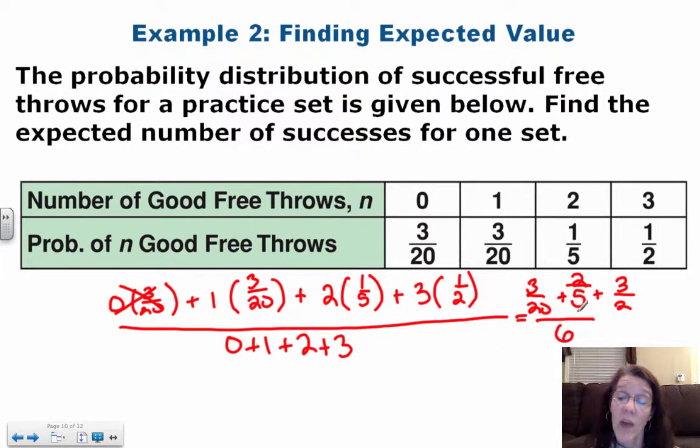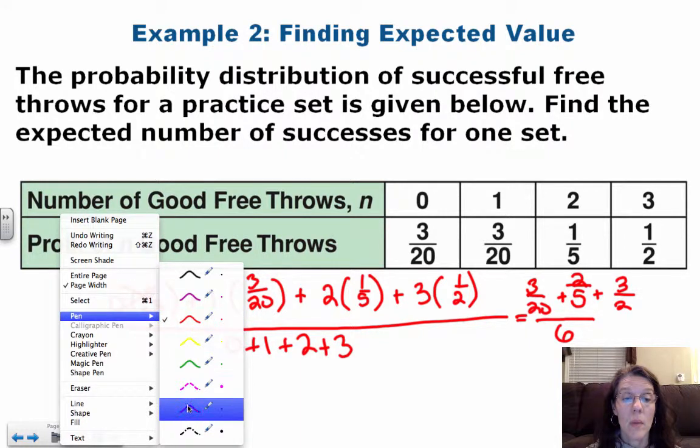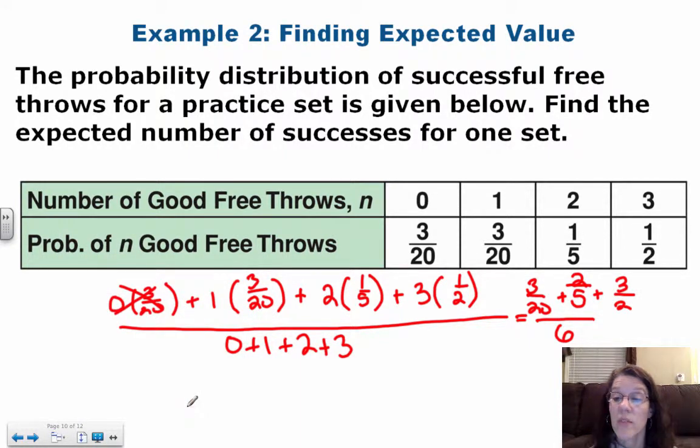Now, remember, to add fractions, we have to have a common denominator. Common denominator would be 20. So I can multiply the 2/5 by 4 in both the top and the bottom, and the 3/2 by 10. I'm going to take this times 4 over 4, and this one times 10 over 10, so that I can get a fraction that I can work with.